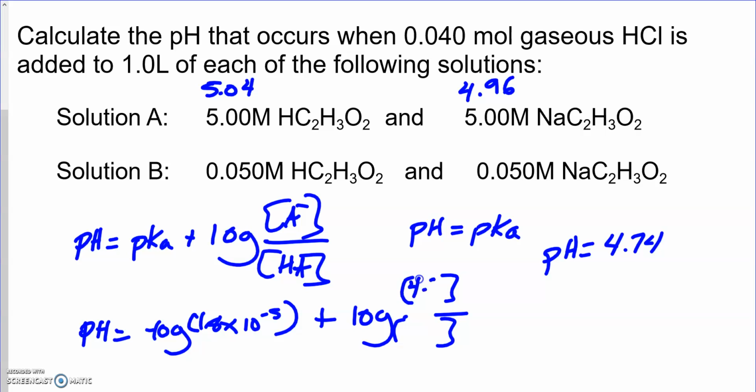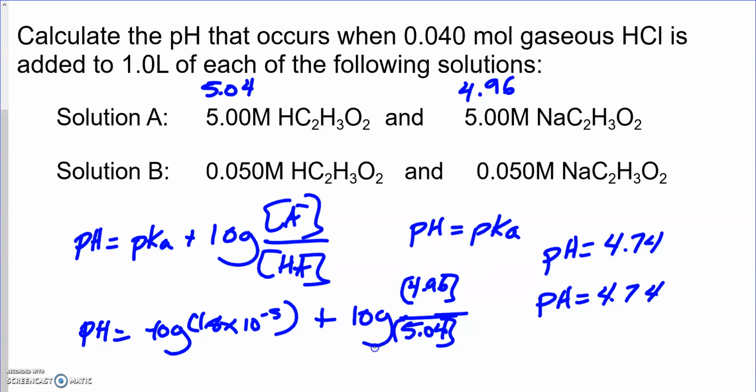We end up with 4.96 over 5.04. Now we can do that same math all over again, and we're going to get that same basic pH, which was 4.74 because there was very little change. It ends up being 4.737, so it rounds to 4.74 with proper sig figs.